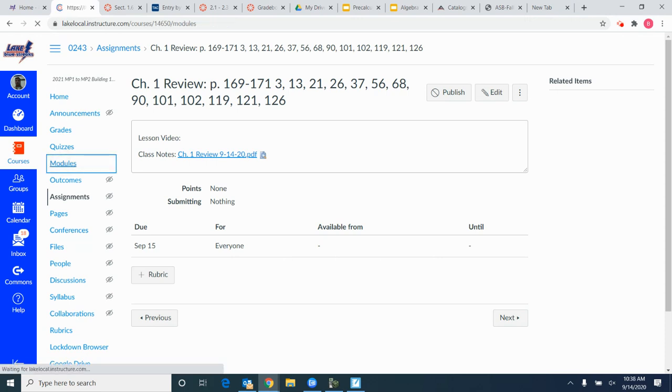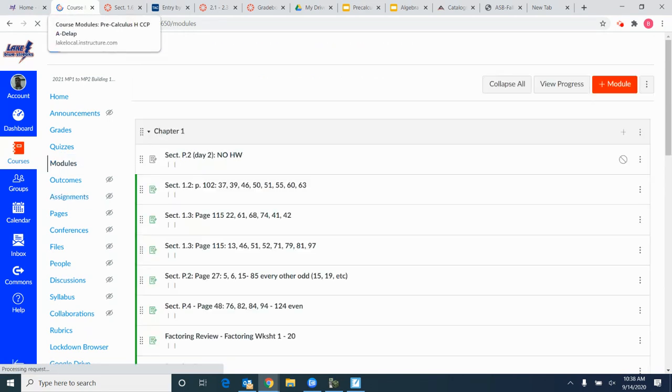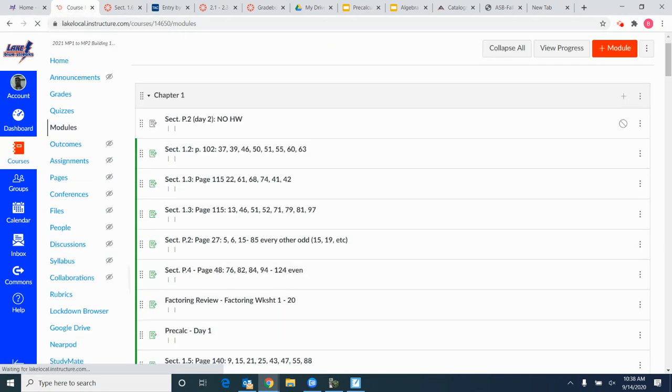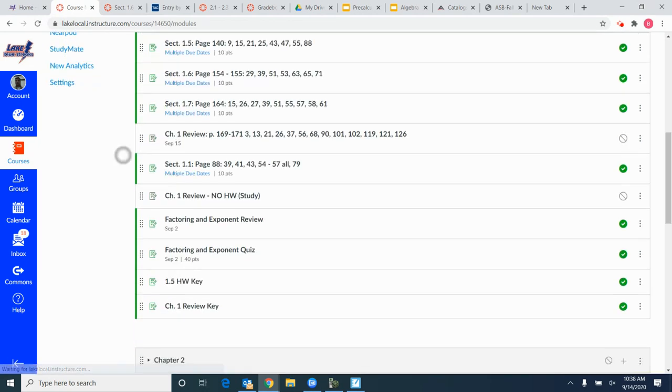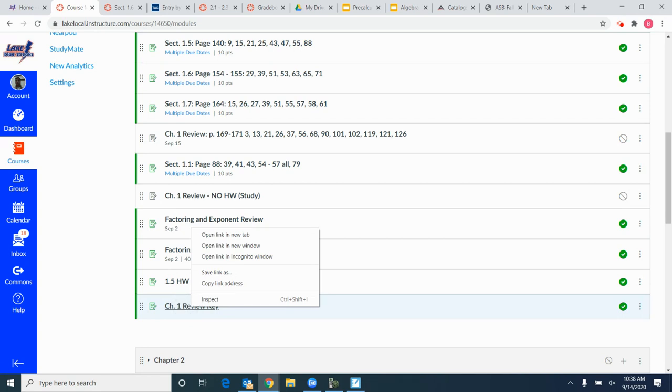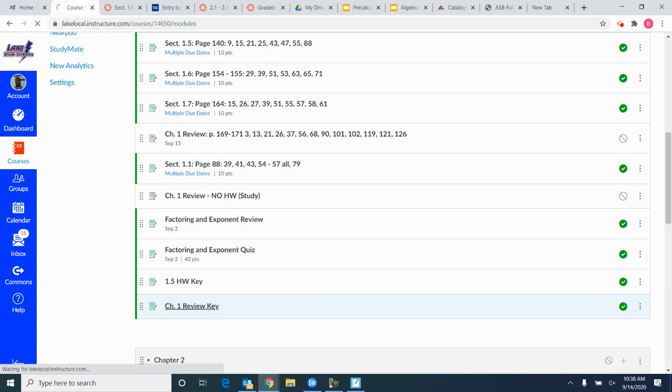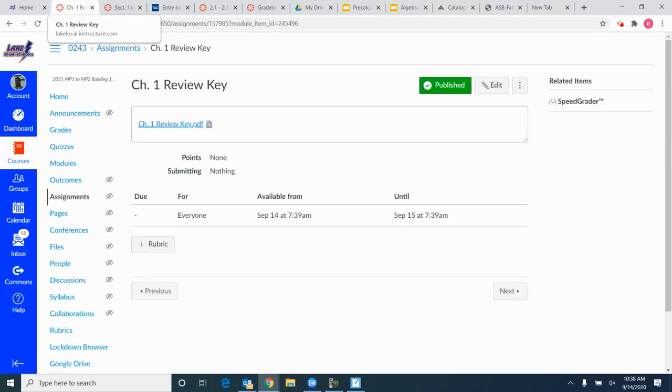I have the answer key to this. So for me, it looks like it's the chapter 1 review key. All the problems are on there. Everything's, even all the work shown. And I think most of them are right.